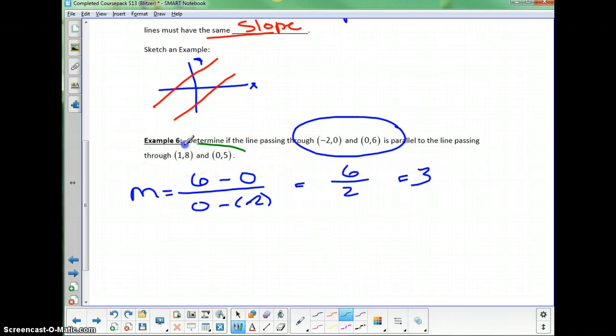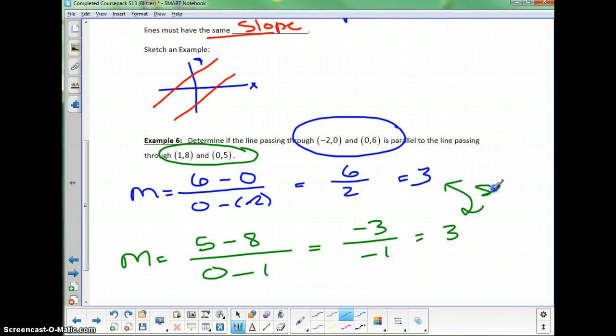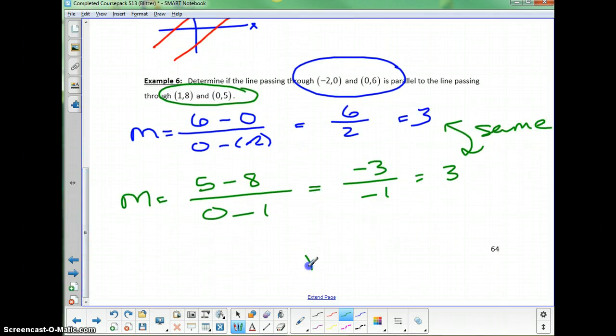And the slope of the second line is going to be y2, which is 5, minus y1, which is 8, divided by x2, which is 0, minus x1, which is 1. So I've got negative 3 divided by negative 1, which is 3. Okay, so the slopes I got were the same, and since they're the same slope, it means that the two lines are parallel.